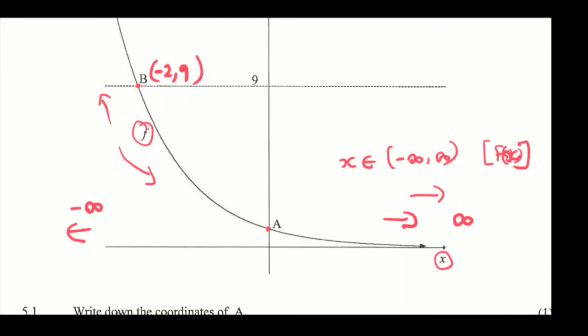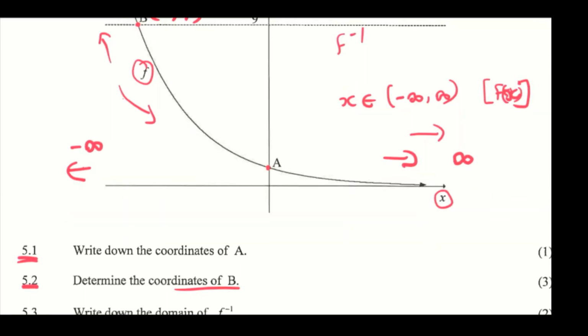So but now we want the domain of f, the inverse of f, right? So for us to find that domain, we know very well that the inverse is going to be, if we were to draw the line of y is equals to x, it's going to move like this, right? Y is equals to x.